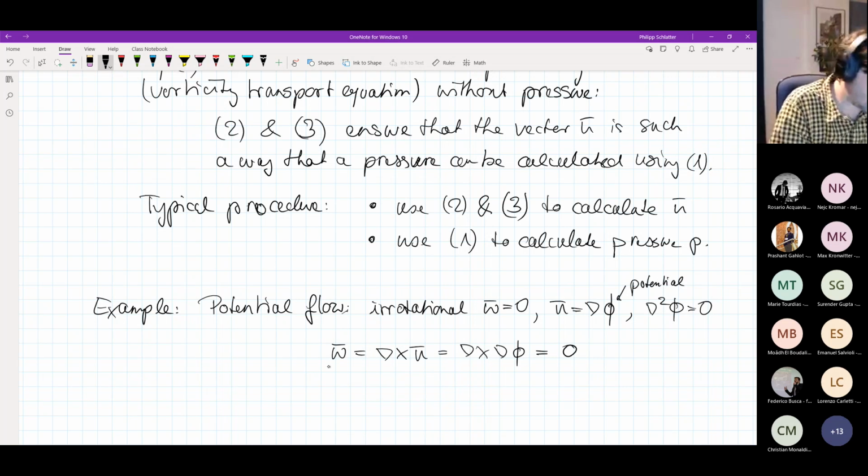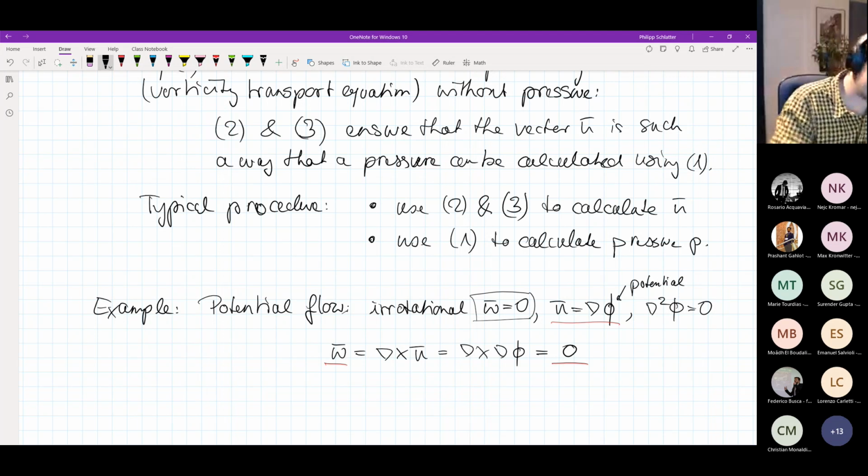So in principle this is a result of the fact that we could write it as a potential. But now in the context of the vorticity transport equation, we realize that omega actually needs to be 0 given that particular velocity field.